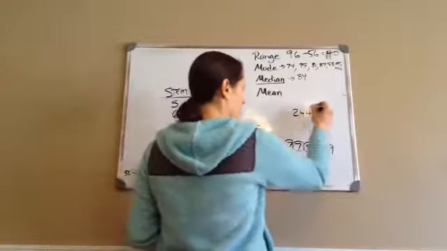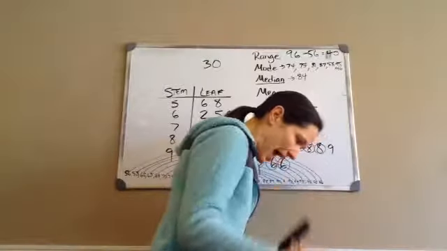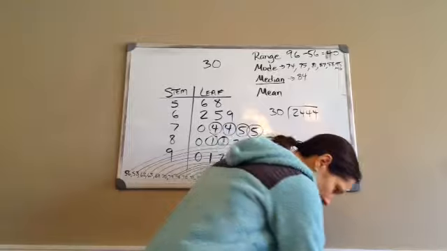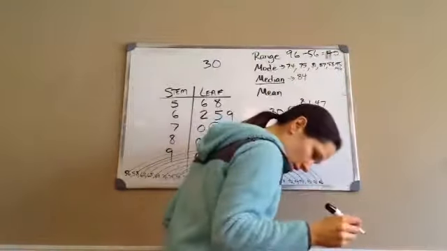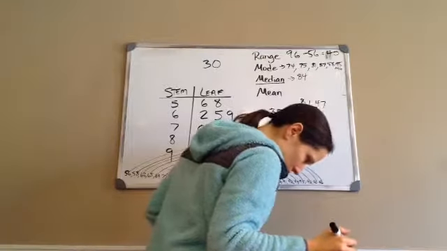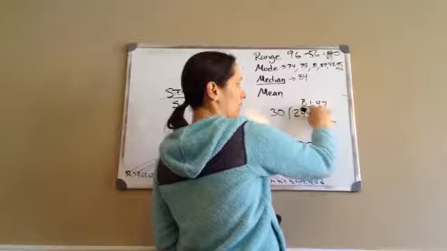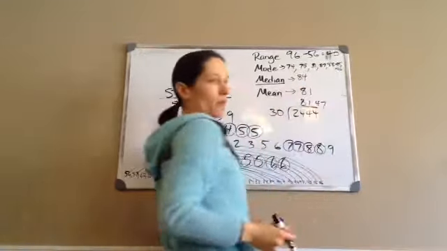And because there are 30 scores, we divide it by 30. So then we come up with the average score, which ends up for this being 81.47. And since it's 4, it's not 5 or above, then I leave the 1 as 1. And so the mean is, you can put 81.47, or you can just put 81.